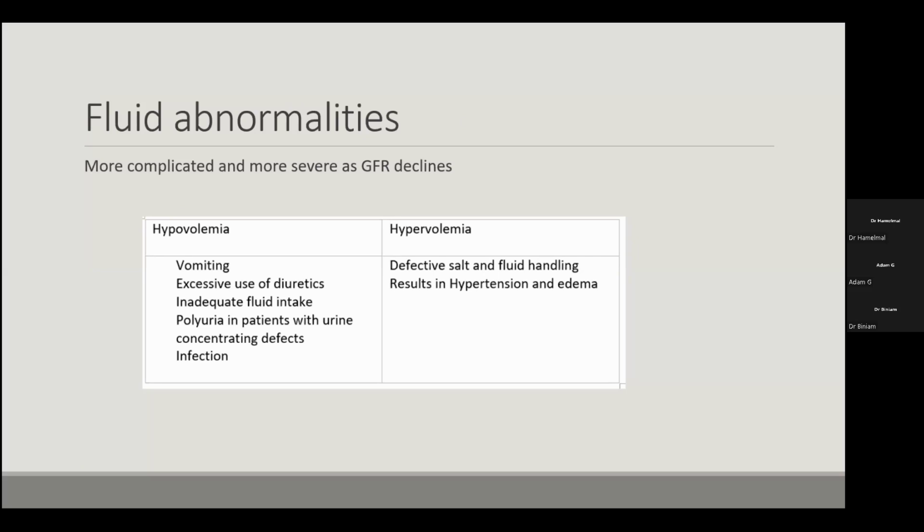Hypovolemia results from vomiting, excessive use of diuretics, polyuria in patients with urine concentrating defects like obstructive uropathy and other pathologies, infection. This all results in hypovolemia, and there is a tendency by physicians not to give adequate fluid in patients with CKD for fear of fluid overload, but you have to see the clinical condition and do adequate volume assessment and replace the fluid, and do not fear fluids in patients with CKD.